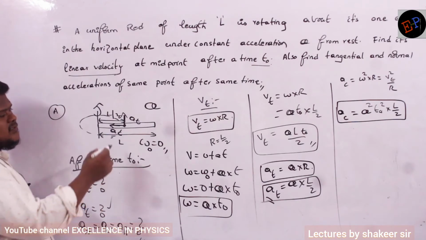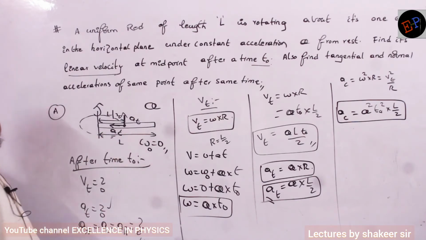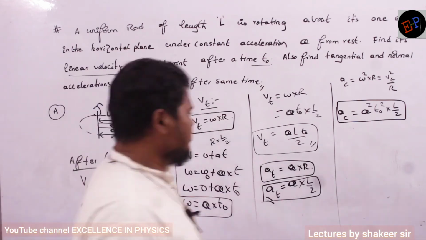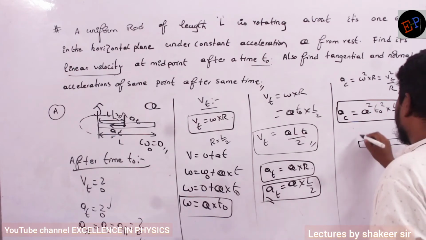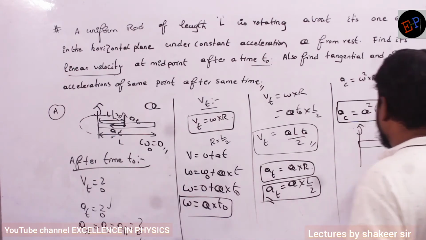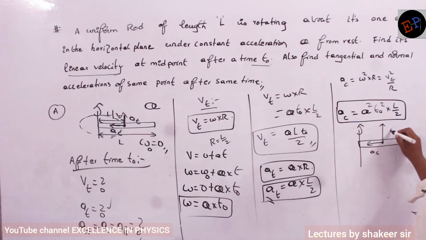For example, if he asks what is the total acceleration experienced by this point, then what will you do? If this is the rod rotating about this axis, and this is the point which we are studying, centripetal acceleration will be in this direction, tangential acceleration will be in this direction.